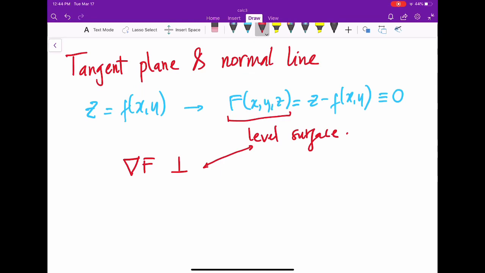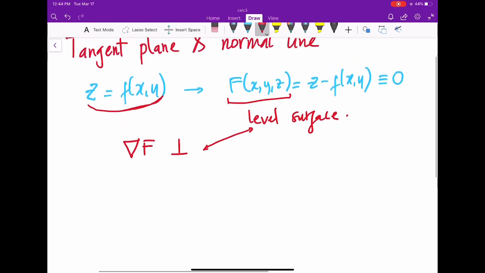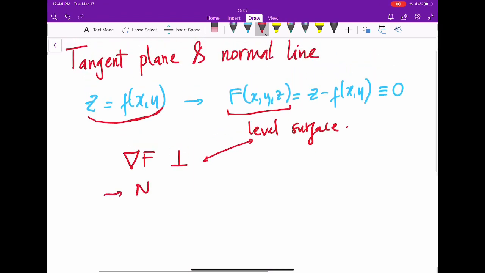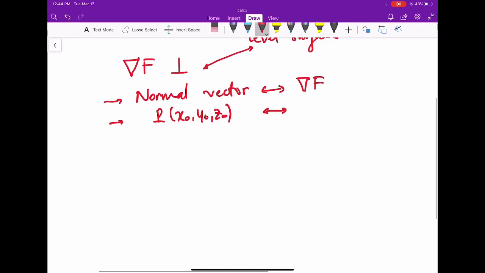So that's why, in order to find the tangent plane to the surface z equal to f of x, we just need to find a normal vector, right? We need a normal vector. And this normal vector is nothing but the gradient of F. And if they give you one point P, like x0, y0, and z0, you can write the equation of the tangent plane.